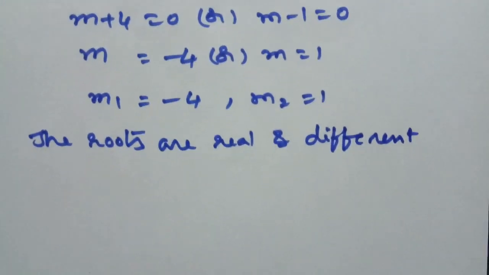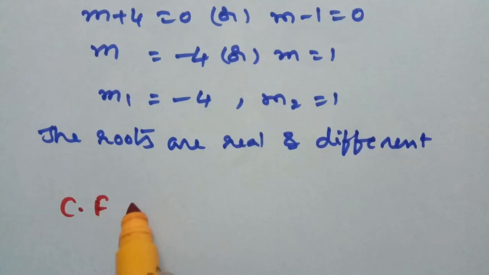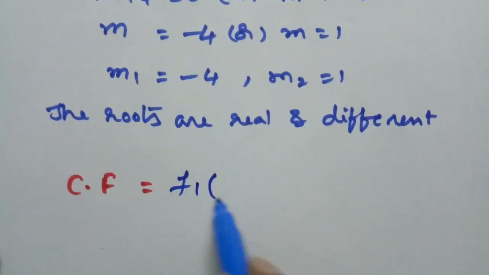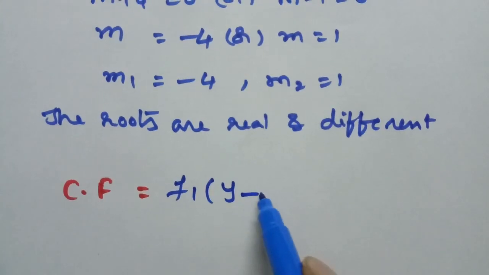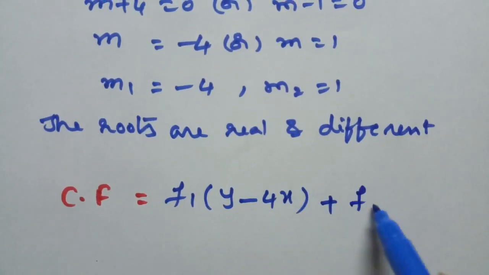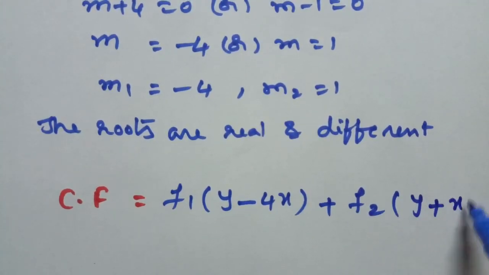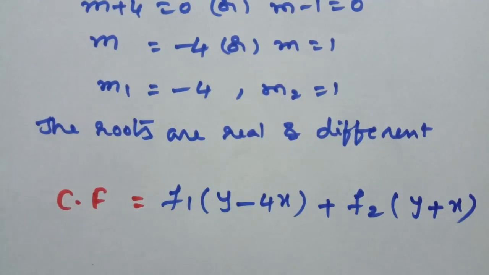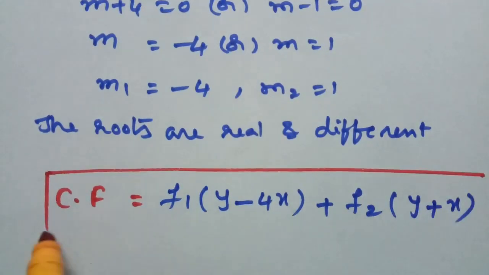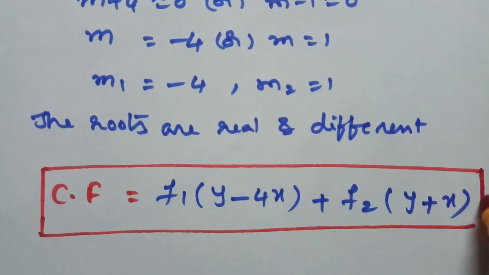Therefore the complementary function CF is equal to f1 of y minus 4x plus f2 of y plus x. This is case 1: f1 of y plus m1x plus f2 of y plus m2x.